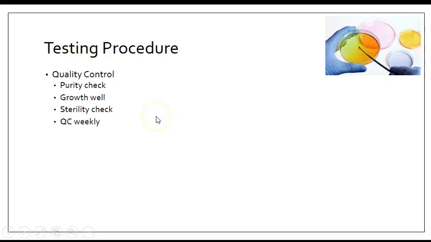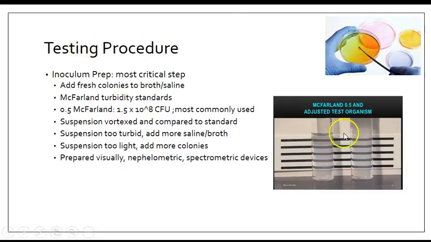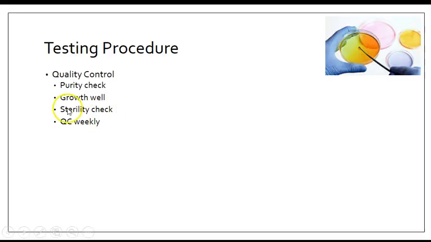Okay, in almost every antibiotic panel that we do, we have these things. This is a purity check. That's to make sure that the bacteria is not contaminated. So what we would do is, if this is our sample, our inoculum, we would culture that to make sure that only one organism is in this tube. Nothing else is growing.